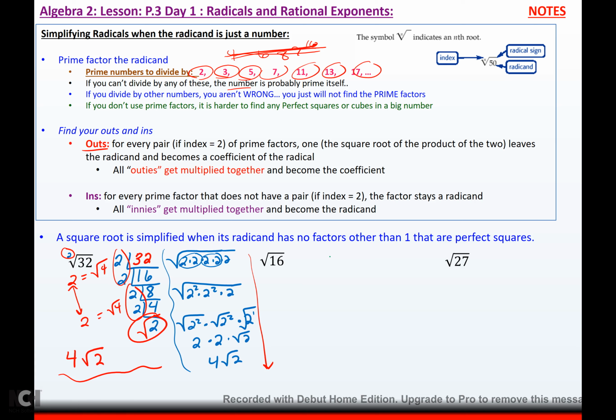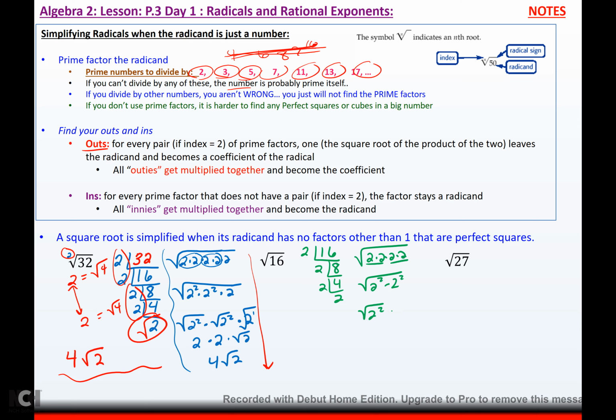So my 16, I know that one off the top of my head is 4, but again, just to show you the technique, if I divide by primes, 2 goes into 16, 8, 2 into 8, 4, 2 into 4, 2. There's a bundle of 2, so I could rewrite 16 as 2 times 2 times 2 times 2. Bundle them, that's 2 squared, that's 2 squared.